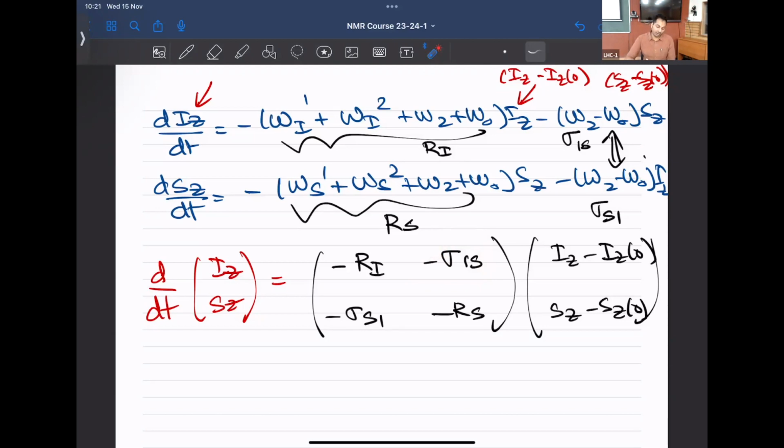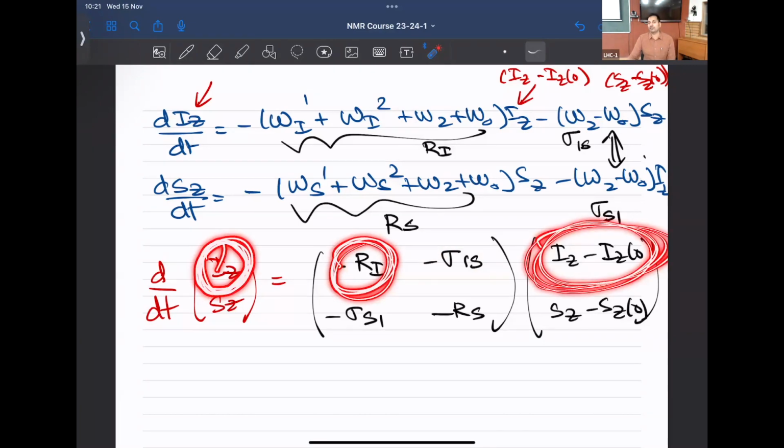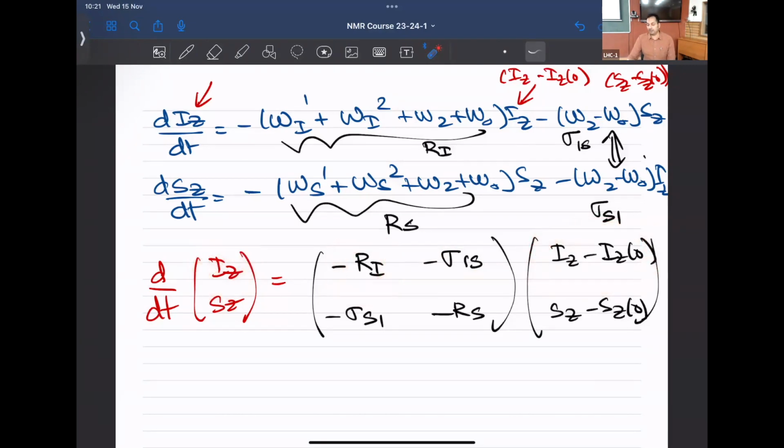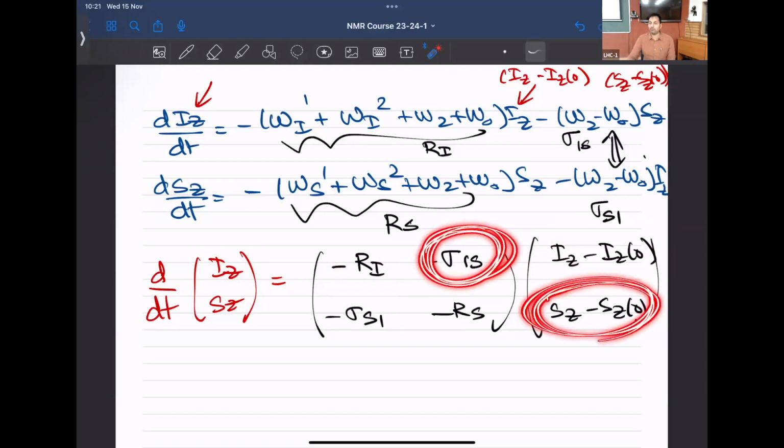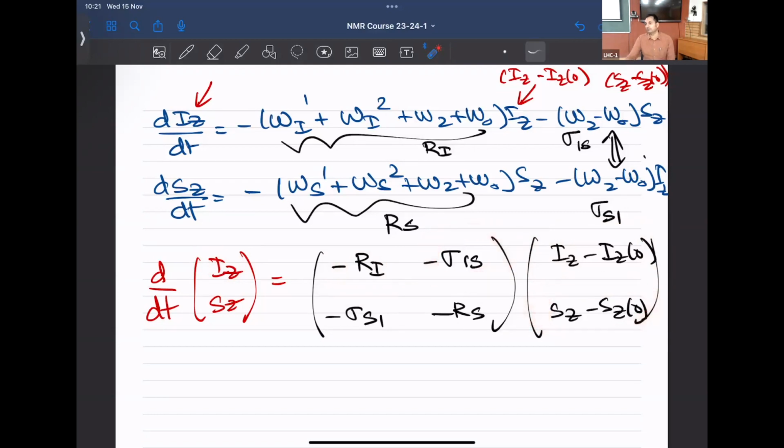The recovery of the I spin, the longitudinal magnetization recovery of the I spin, not just depends upon its own deviation from equilibrium, it also depends upon the deviation of its dipolarly coupled spin from equilibrium. Okay? The one that makes it come back by itself is called self-relaxation.